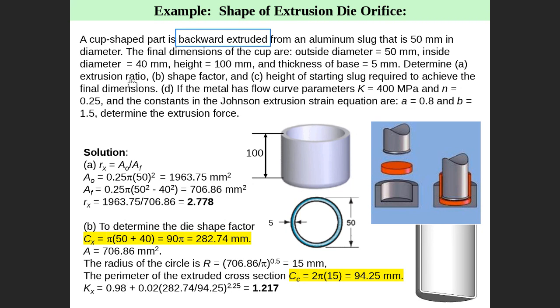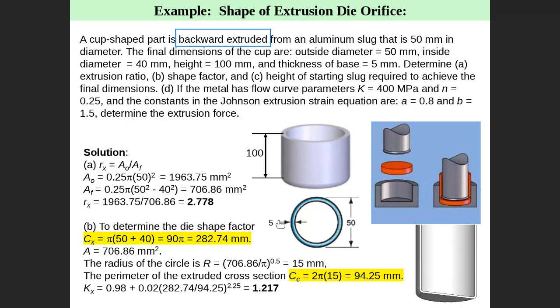Determine the extrusion ratio. We need Rx. Rx is obtained as AO divided by AF. AO is the initial area, and AF is the final area. AO equals pi divided by 4 times 50 squared, which is the DO diameter.